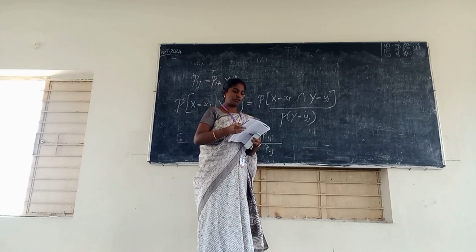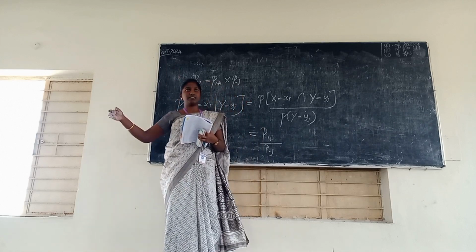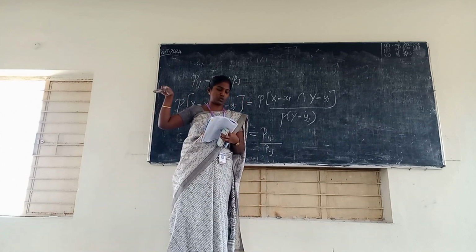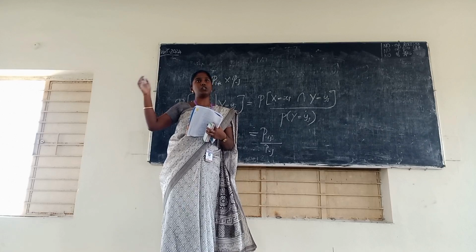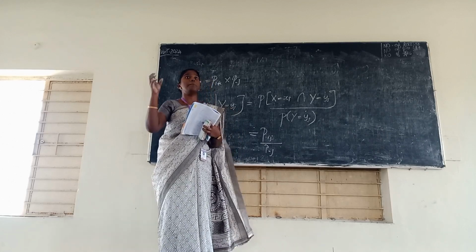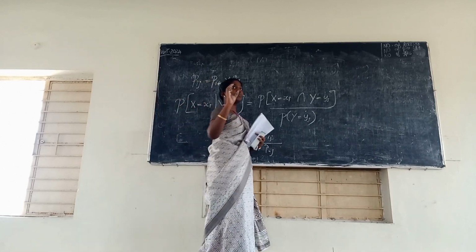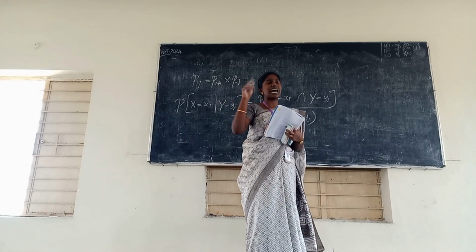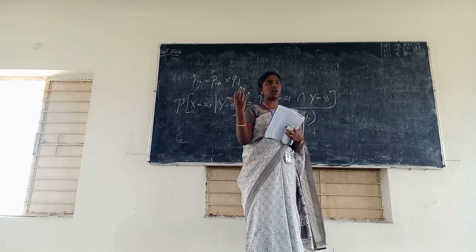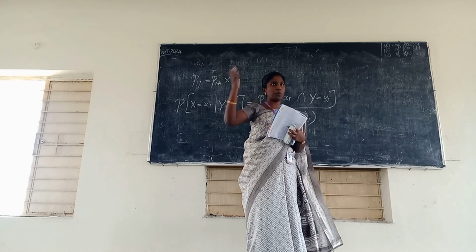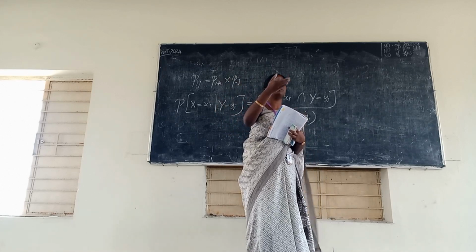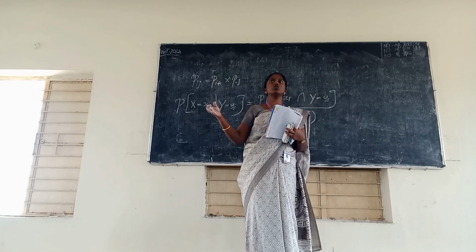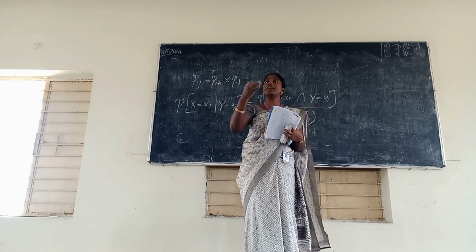And in the last column and last row, P1 star, P2 star mean the marginal probability of the random variable x. Star means there is no y at all, only x. So P1 star means marginal probability of x1, P2 star means marginal probability of x2.